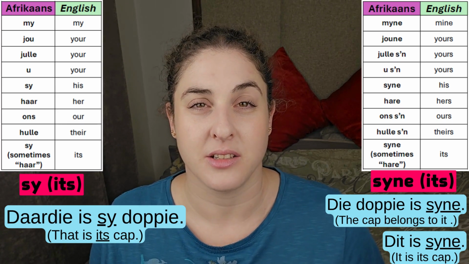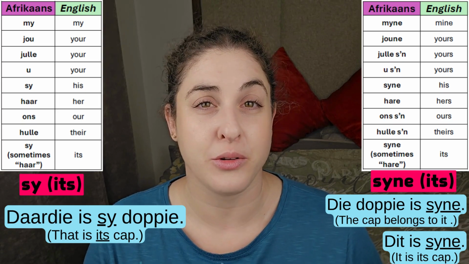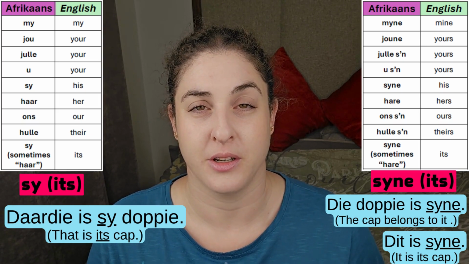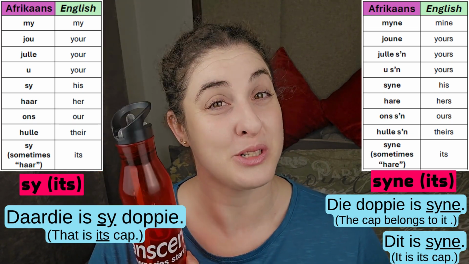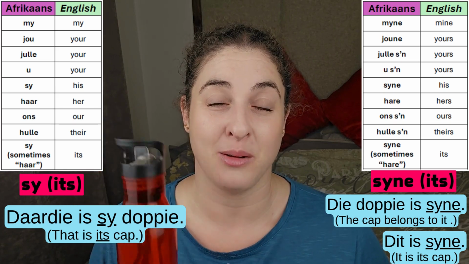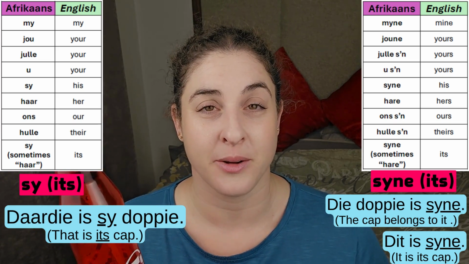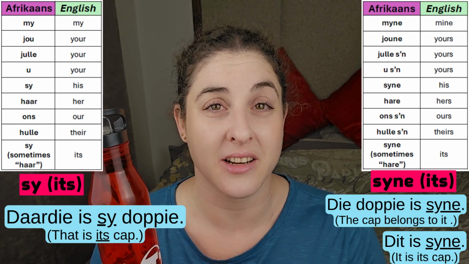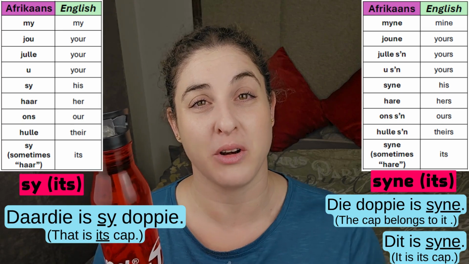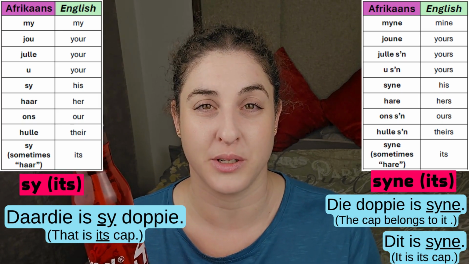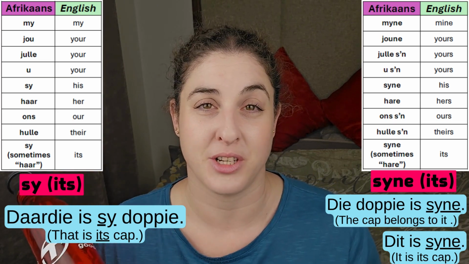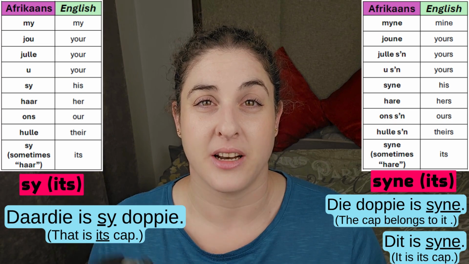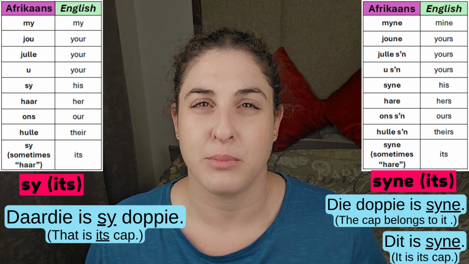So sy does not have a gender attached to it when you use it to refer to an inanimate object. So this is a water bottle. This is an inanimate object, and this would be a sy or a syne when we refer to it and we use a possessive pronoun. We would use sy, and then it doesn't have a gender attached to it. So that is something to wrap your head around.